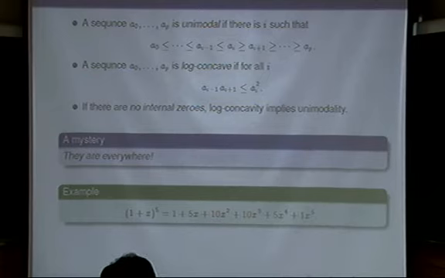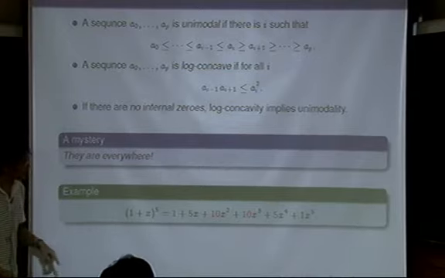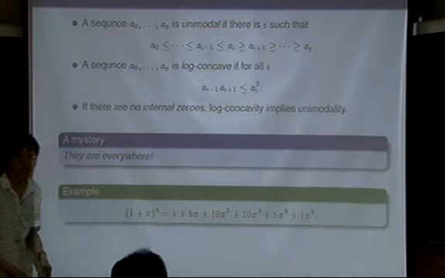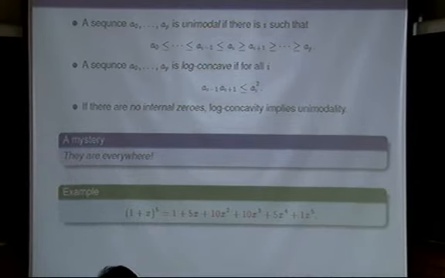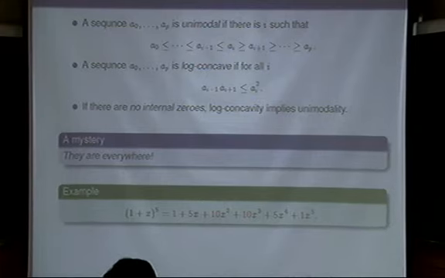So if you expand (1 plus x) to the 5, then you get a certain sequence of numbers 1, 5, 10, 10, 5, 1. As you can see, they first increase up to some point, and then after that they decrease. Moreover, this sequence is log-concave, which means that if you square 5 in the middle, between 1 and 10, then that will give you 25, which is larger than 1 times 10. And that works for any other choice.